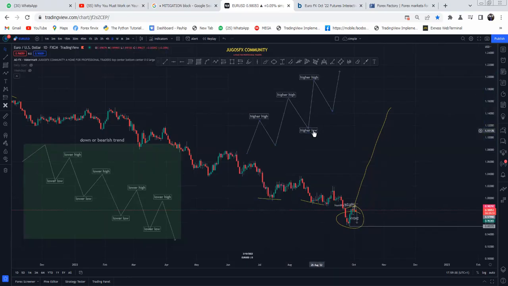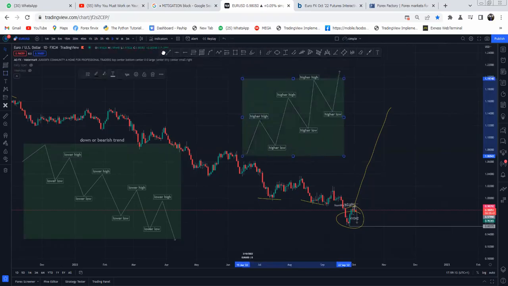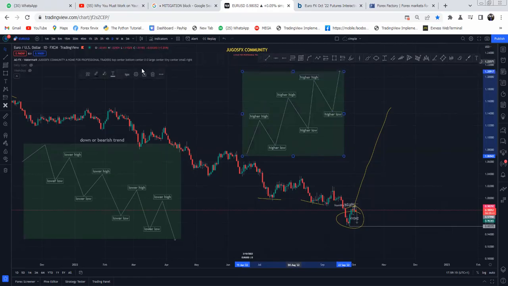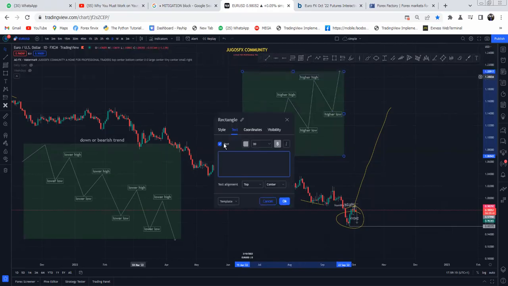Remember, I said if you want to abbreviate it, you can just put HL. So this here is called an uptrend. That's an uptrend, or bullish trend.